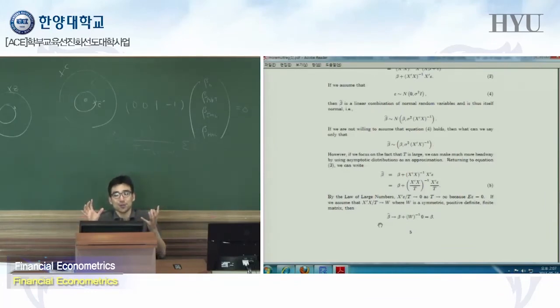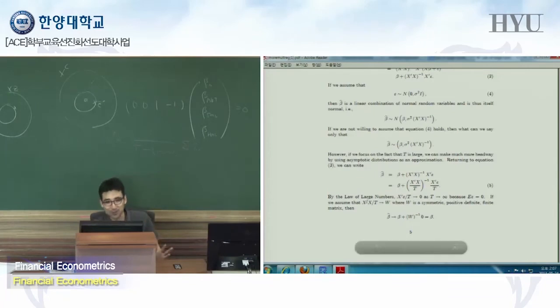But if we assume that those x don't explode as the sample size changes, we can say that those square terms of the x should remain stable. If they remain stable, x prime x divided by T should converge to some stable matrix.